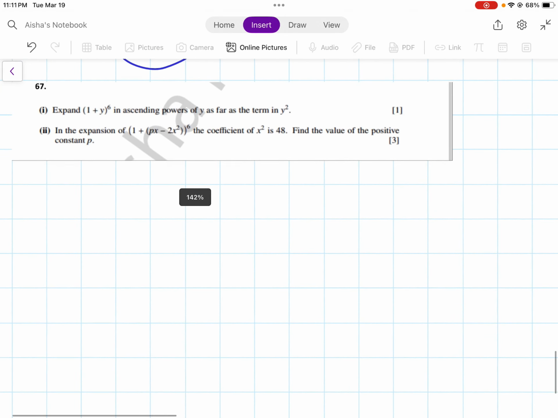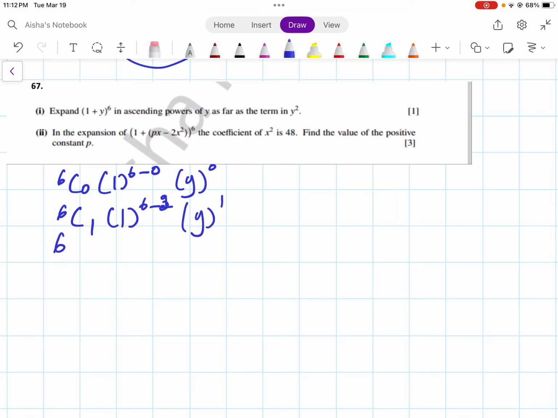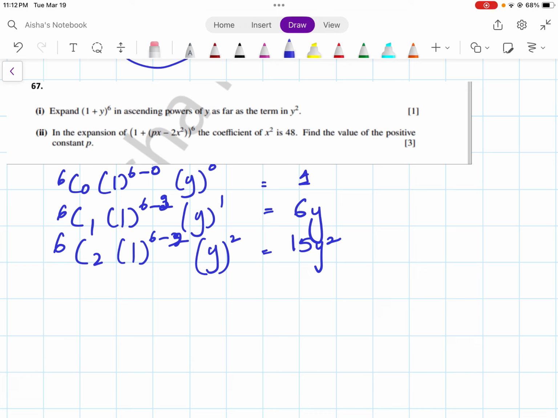Okay. Expand (1 plus y) to the power 6: 6C0, 6C1 means 6y, 6C2 means 15y square, and this is 1.